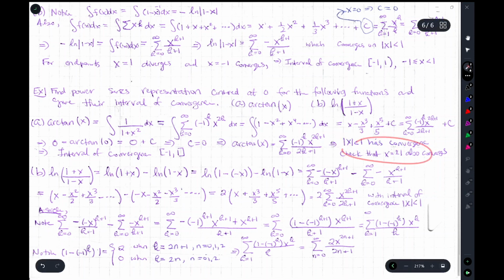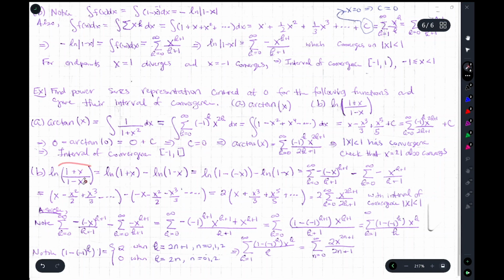We've got to check the endpoints. And it's pretty straightforward to check the endpoints. Both 1 and negative 1 give alternating series. And so it's clear by the alternating series test that this converges also at the endpoints, and so you get that interval of convergence.